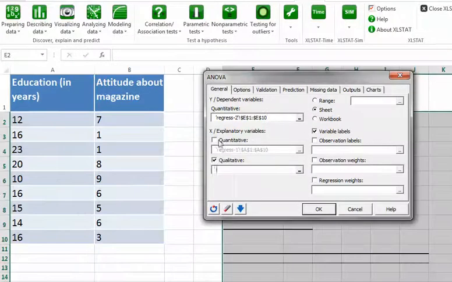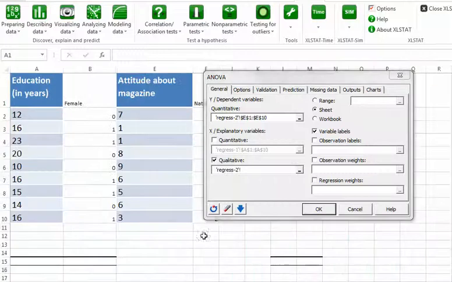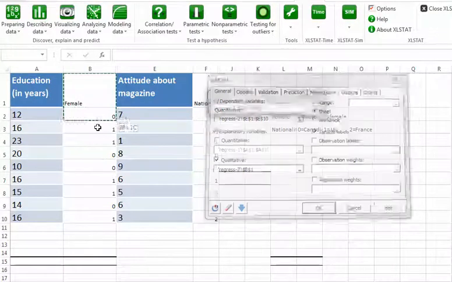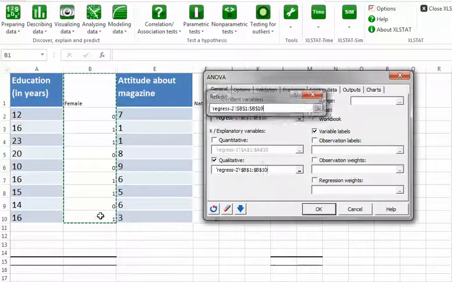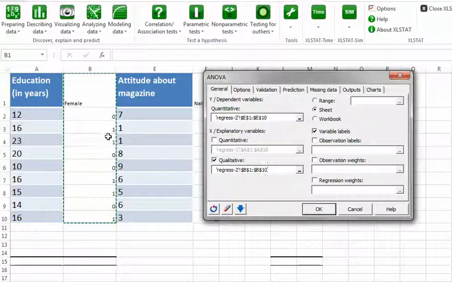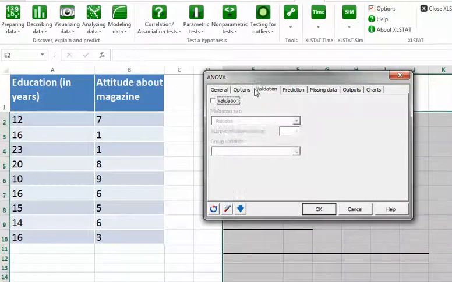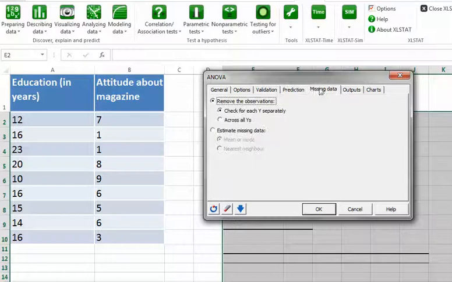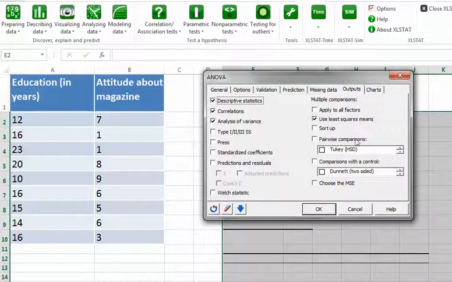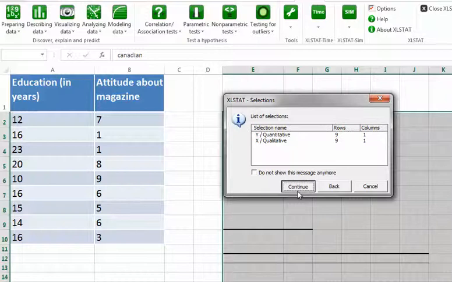Now I no longer have a quantitative independent variable. I have a qualitative independent variable, this female variable. 1 stands for female, 0 stands for male. Same options stand. So we just click OK.